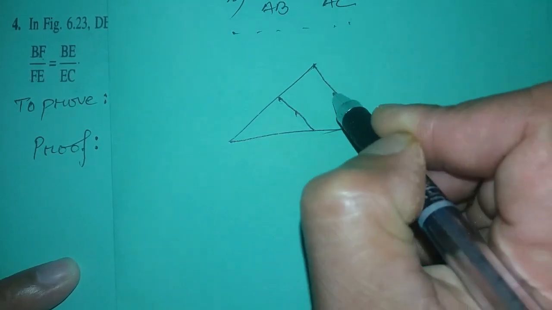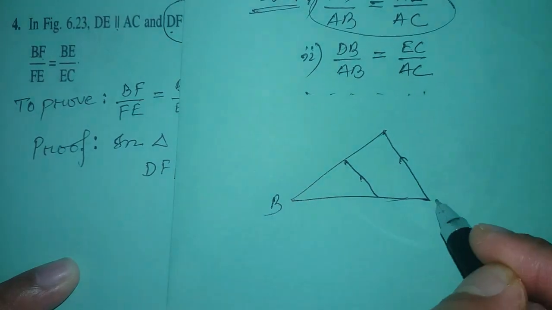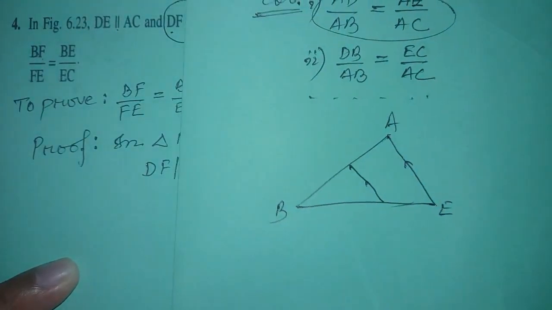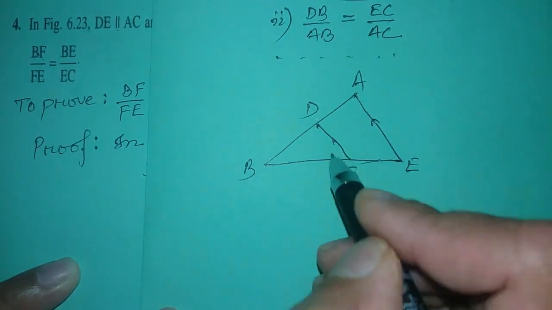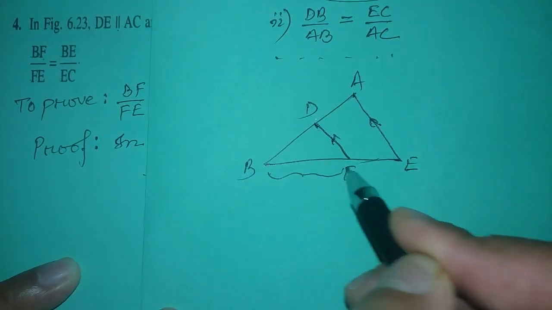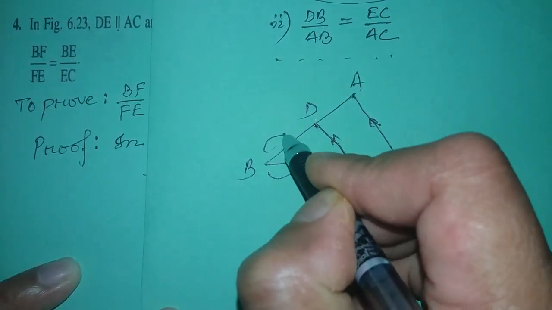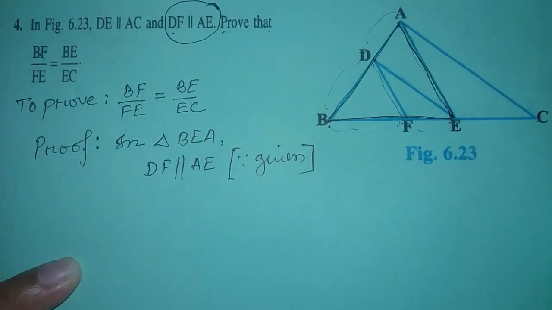So what we have here is, these two lines are parallel. Now this is BEA, and this is DF. Since these two lines are parallel, the ratio of this one and this one will be equal to the ratio of this one and this one. That is the basic proportionality theorem again.